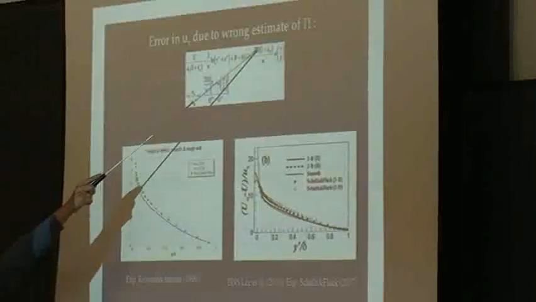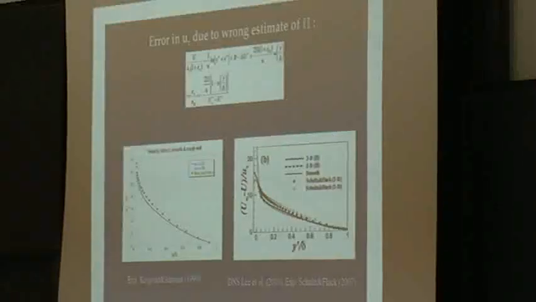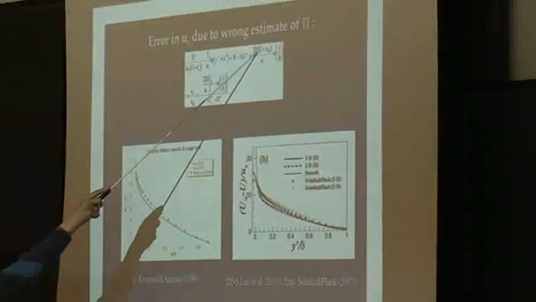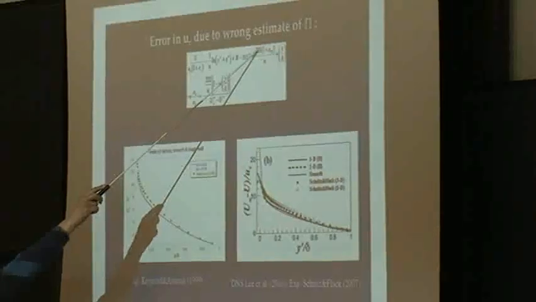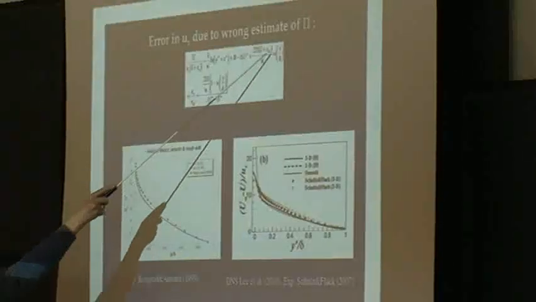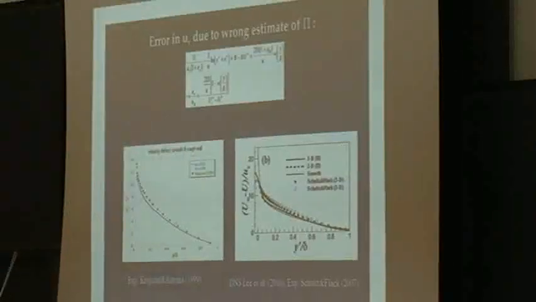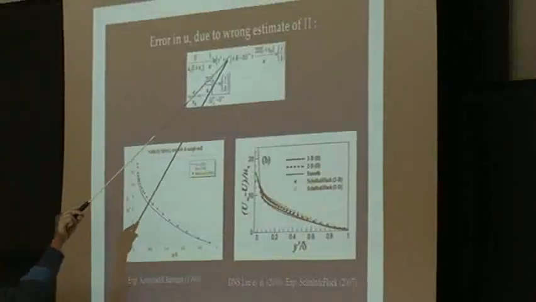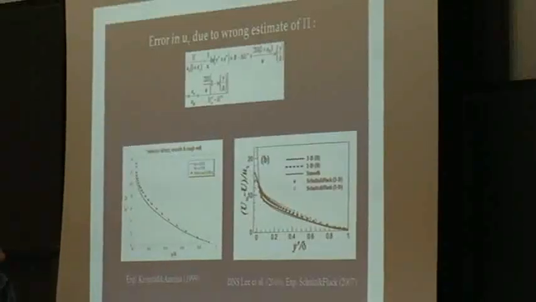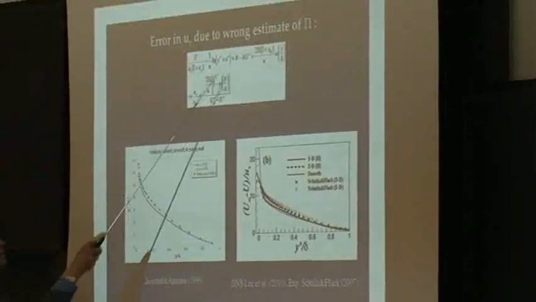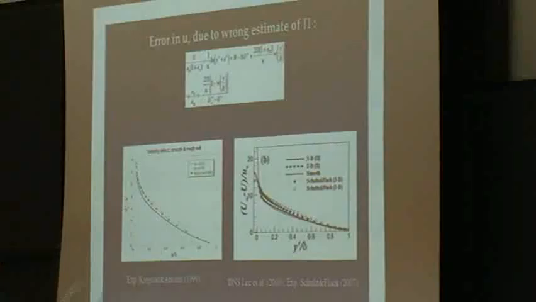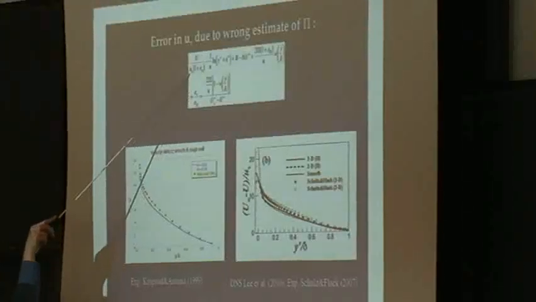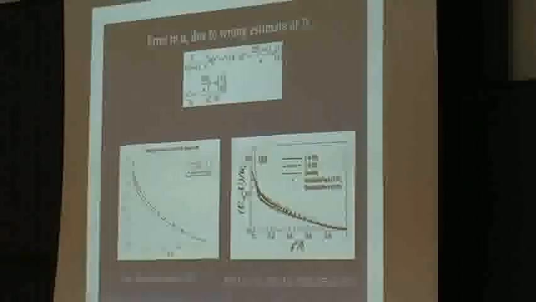If you say that, okay, this is my log wall including a wake function, and you say that maybe our estimate of pi is wrong by some small fraction, then if everything else is the same, if you think that you know where epsilon is, for example, by using Jackson's formula, and you think that you have a value for the shift, then you will have a small change in your estimated friction velocity.